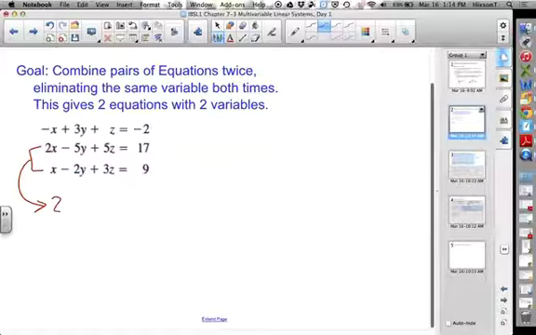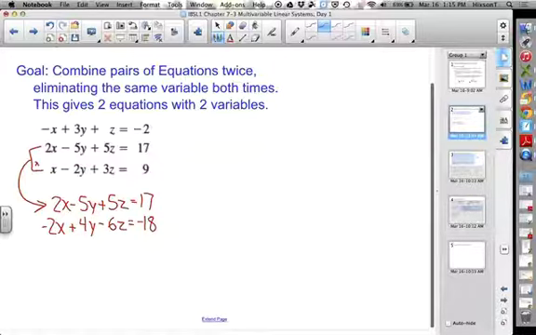So I'm going to copy the second equation, 2x minus 5y plus 5z equals 17. And then I'm going to multiply the third equation by a -2. So I have a -2x plus 4y minus 6z equals a -18.